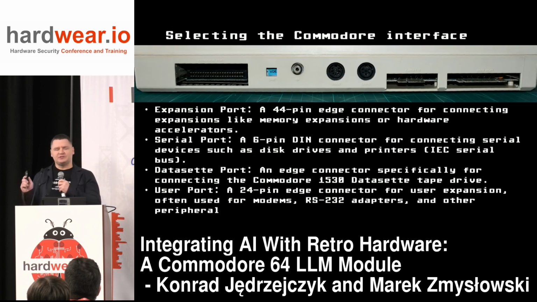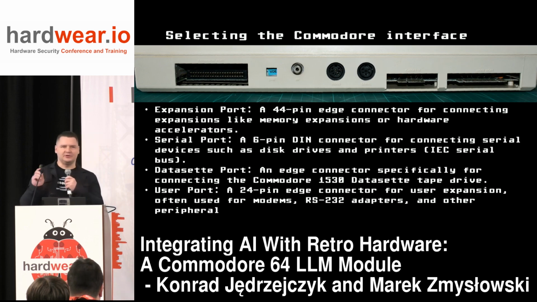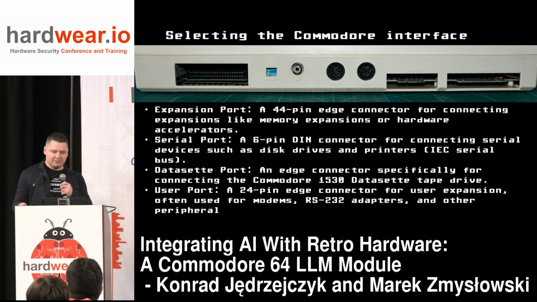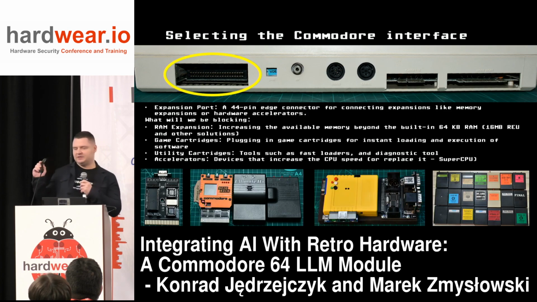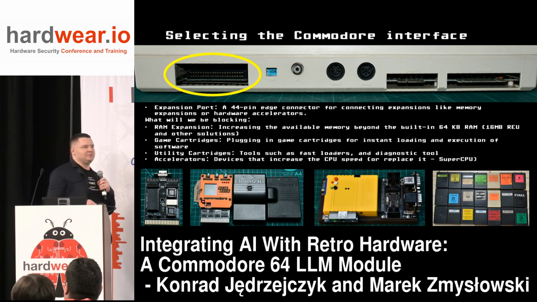So we need to select the Commodore interface. Remember about the rules of the challenge. So we don't want to overtake the system. We can use the expansion port, serial port, dataset port, and the user port. So what would happen if we would use the expansion port? We would block a lot of capabilities.